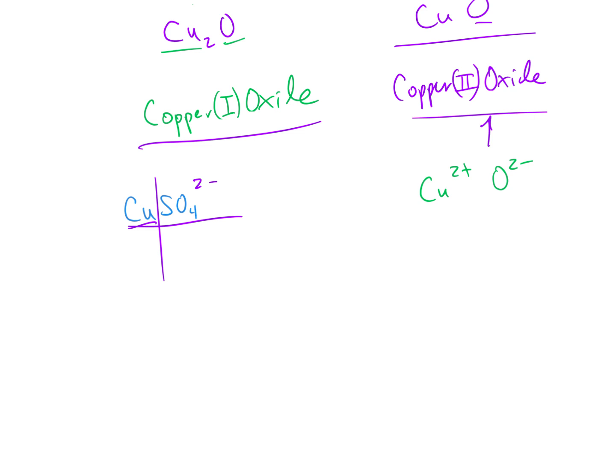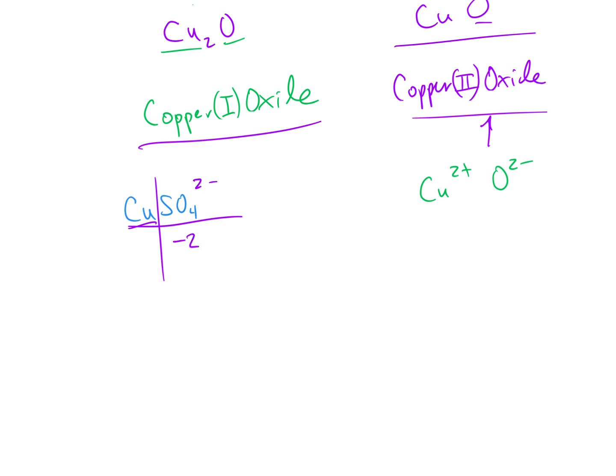I'm hearing 4. Are there 4 of them? 1. Why is there only 1? Because there's no parenthesis. A lot of students say that there's 4 of them. That is a part of the sulfate ion. There's only 1, so it's -2.